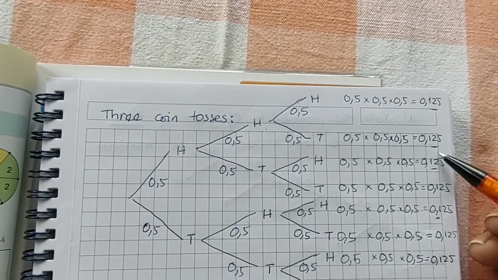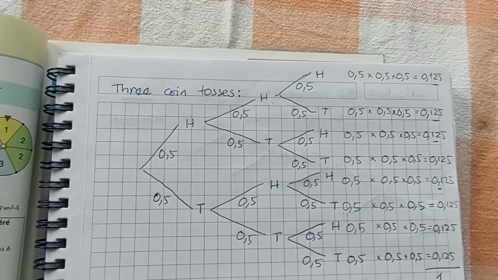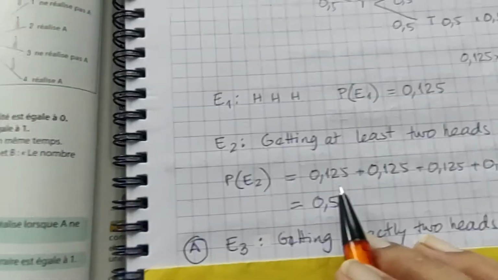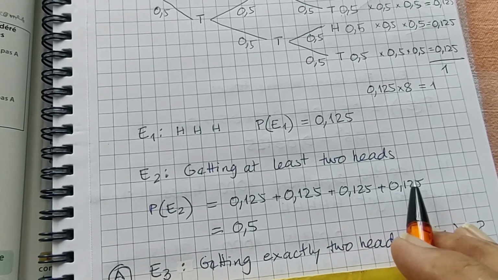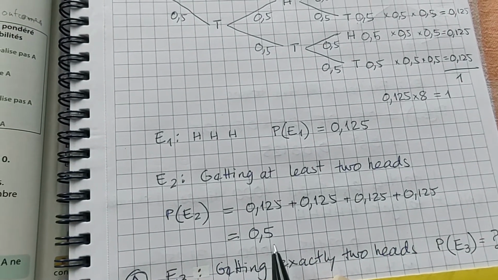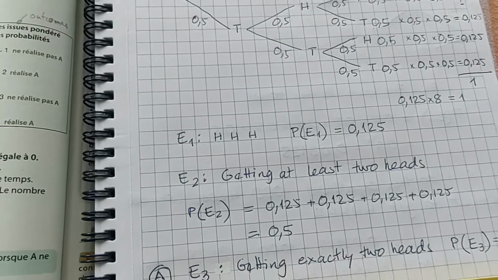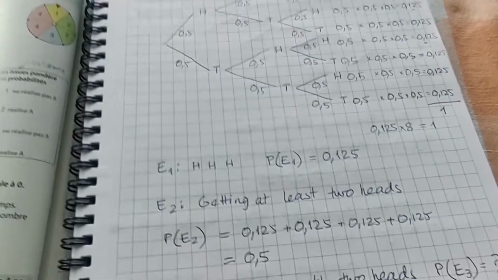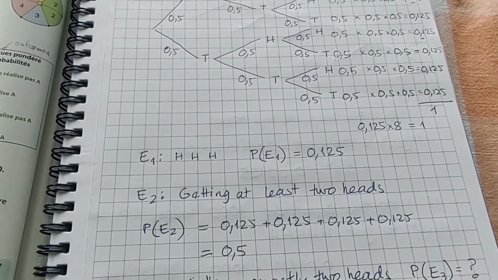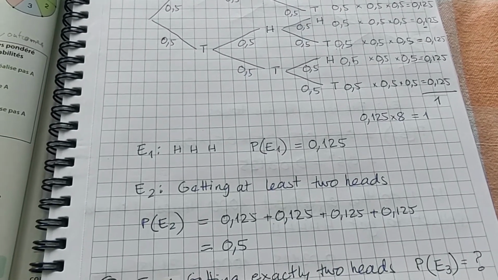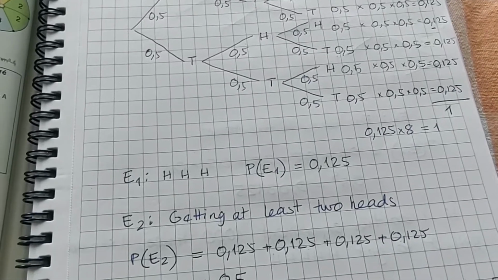So you have 4 outcomes where you've got at least 2 heads. I've added up 0.125 four times to get half. So if you toss a coin 3 times, the probability of getting at least 2 heads is 0.5.